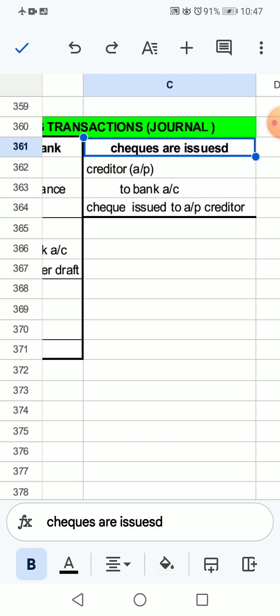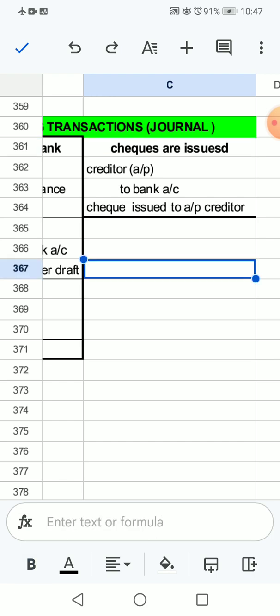Now let's say the amount present in your bank account is 1000 and you have written that check for 1000. That amount will be withdrawn by your creditor, no issue. But let's say when you have given the check to your creditor, and the creditor was supposed to withdraw the amount from your bank account, but instead of going to the bank, he forgot.